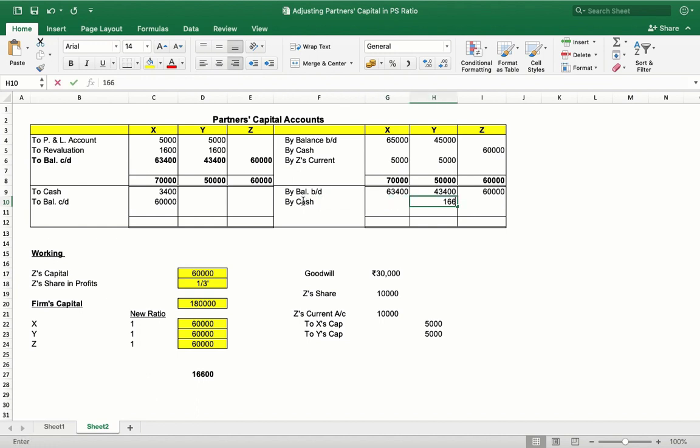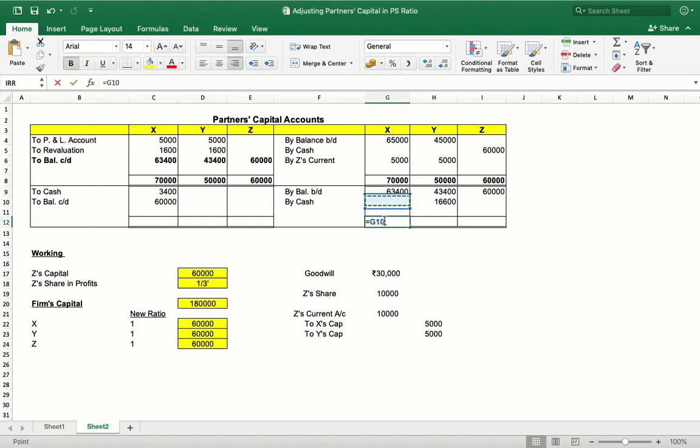So 16,600 I will put on the credit side. And for Z, we have nothing to do because his capital is already at rupees 60,000. So the final conclusion is, in order to maintain partners' capital in the profit sharing ratio, Y needs to introduce rupees 16,600 and X will withdraw 3,400.